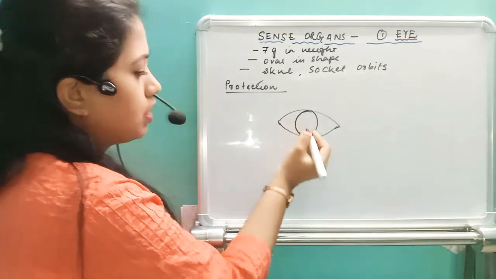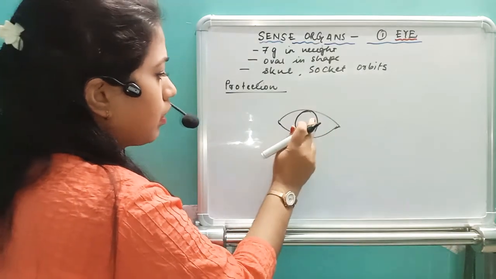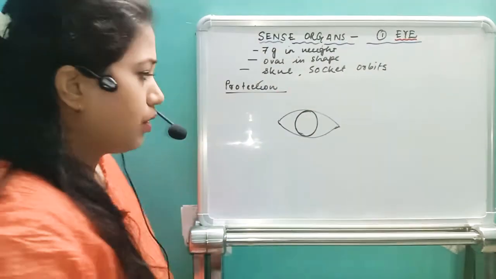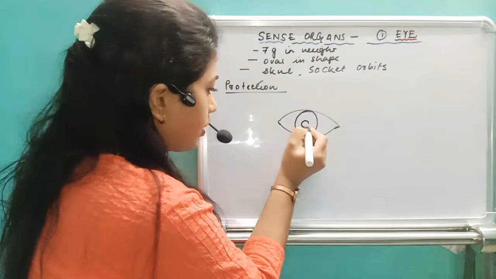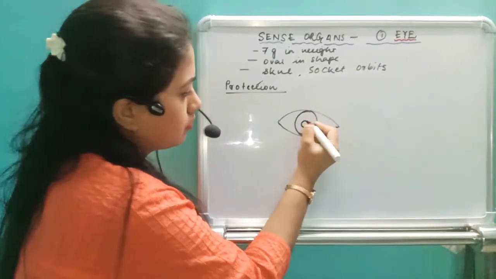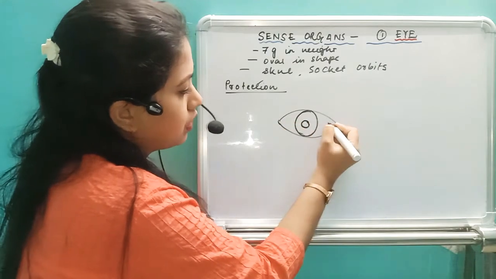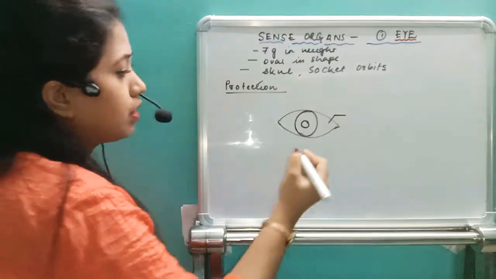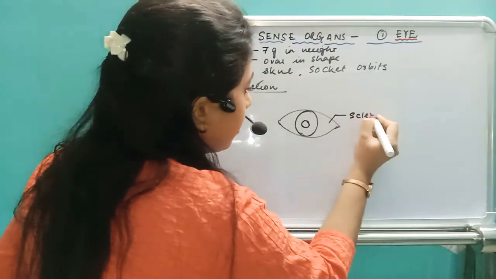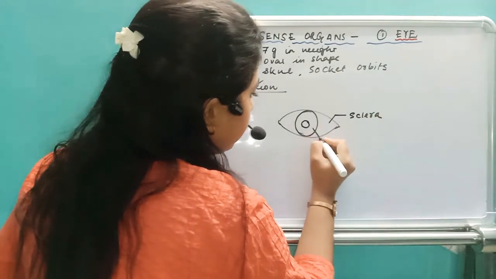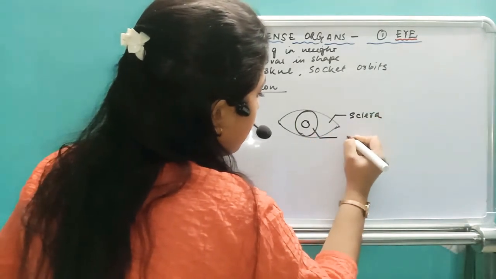See, this is the eye, so this part will be your cornea. Here we are going to have a layer, that is cornea. This white part will be called the sclera. This part will be called cornea.